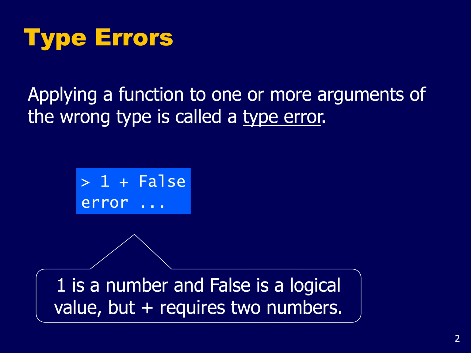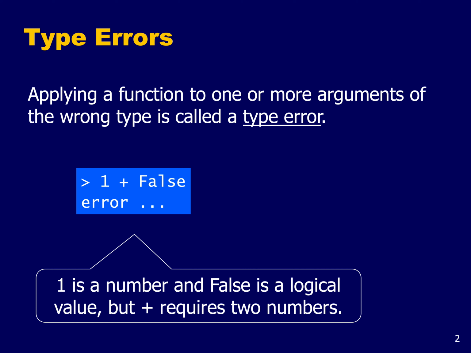Then we can think, well, what actually is the point of types? Well, there's many answers to this question, but for us in this course, the primary answer is that types are going to be about detecting errors in your programs. So the idea here is that when you apply a function to one or more arguments of the wrong type, that's going to be called a type error. So here's a simple example of this.